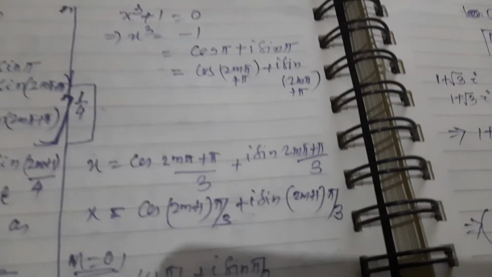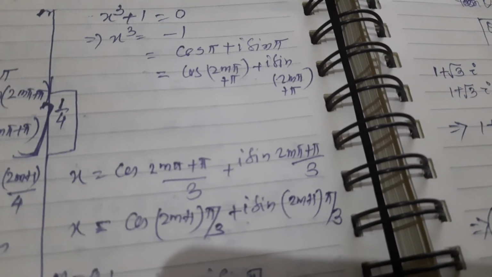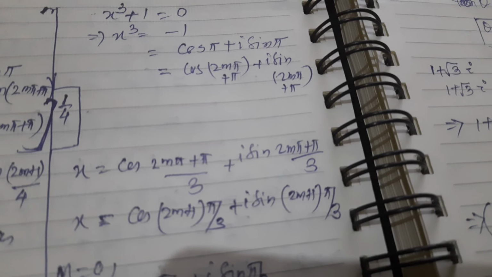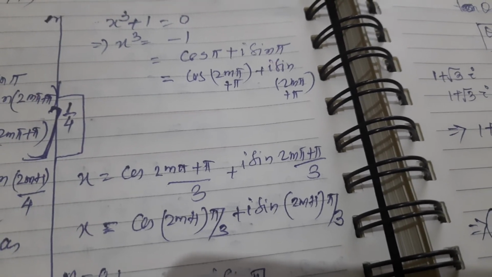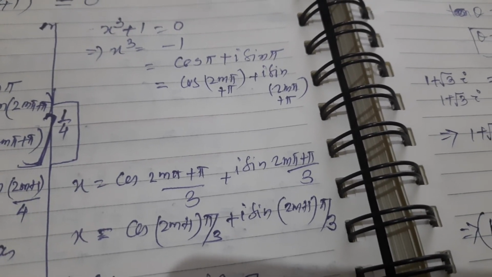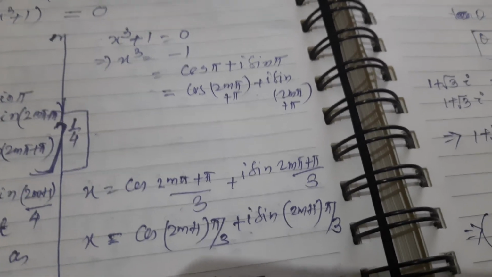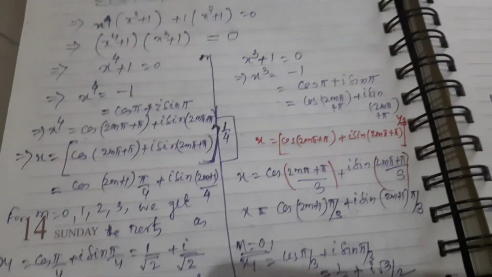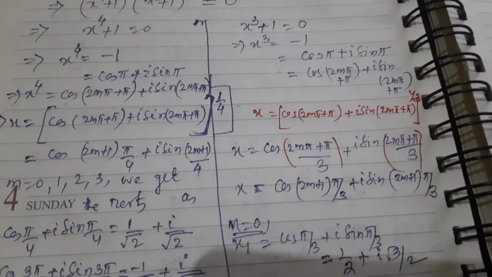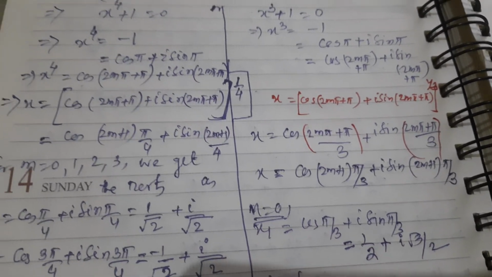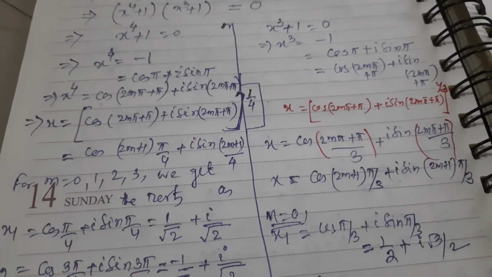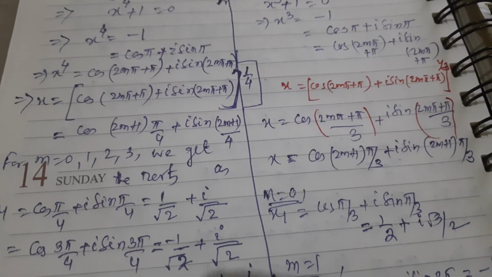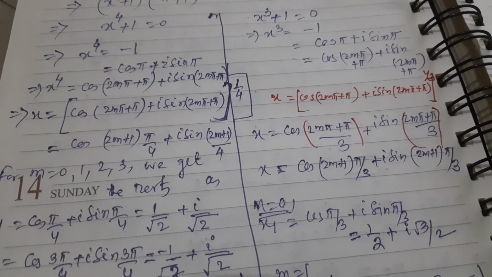And in the right hand side, taking the 1/3rd power, it is cos((2mπ + π)/3) + i sin((2mπ + π)/3). Students, solve both sides step by step and we will find the general expression of the left hand side as well as the right hand side. Left hand side general expression is cos((2m+1)π/4) + i sin((2m+1)π/4).